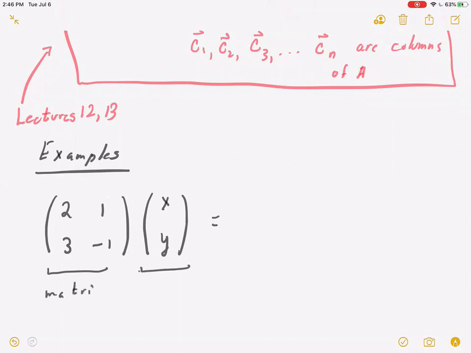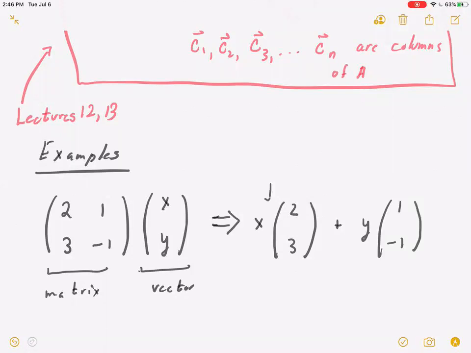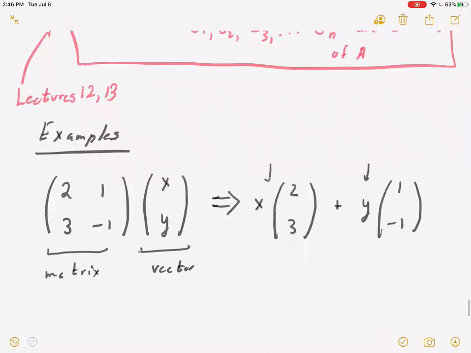So this is a matrix and this is a vector, and I now know how to look at this operation of matrix vector multiplication in a new light. This thing really is a linear combination of the two column vectors of the matrix, and the coefficients that you need in the linear combination are just scalars that come from the vector. So this is a linear combination of column vectors.